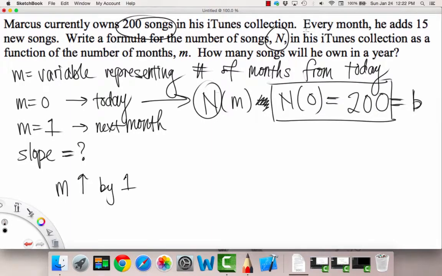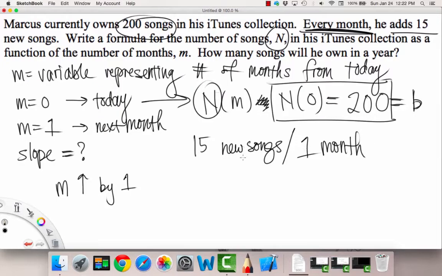Let's look at the next sentence. It says every month, so per 1 month, he adds 15 new songs. So the total number of songs he owns is going to increase by 15 each month. This, in fact, is going to be our slope. So our slope is equal to 15 songs over 1 month.